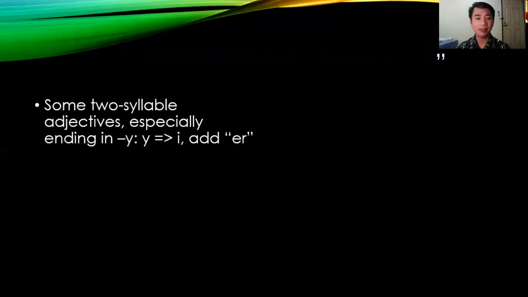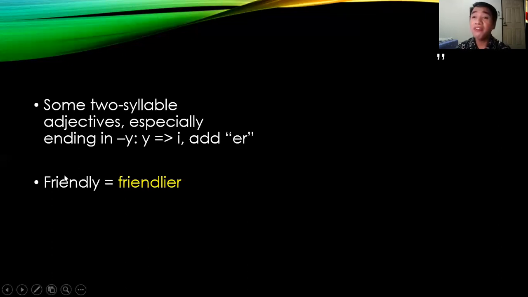Next. Okay. There are some two-syllable adjectives, especially ending in y. What you will do is delete the y and add the letters ier at the end of the word. For example, the word is friendly.